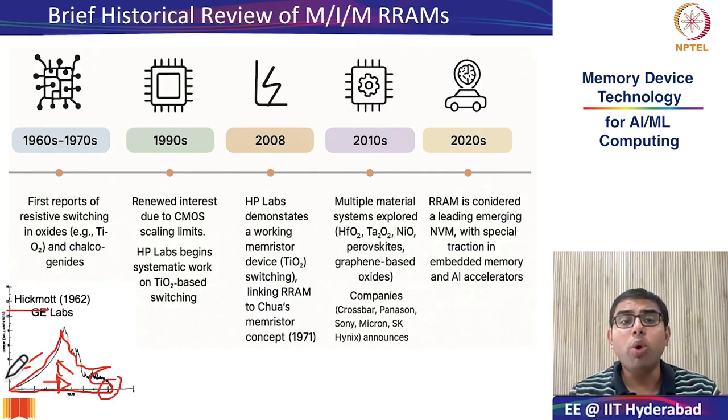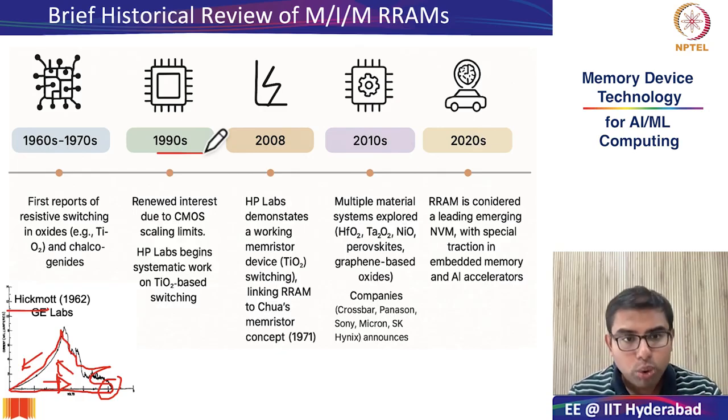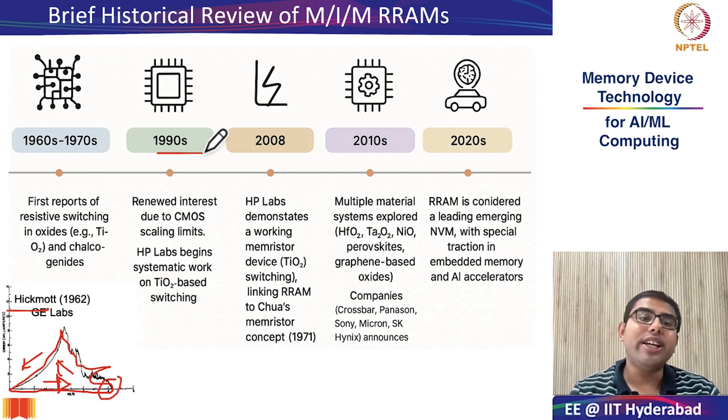There was renewed interest in the 1990s in resistive RAMs because making scalable memory devices is a challenge, and HP Labs was the first to begin work on TiO2 based switching devices.